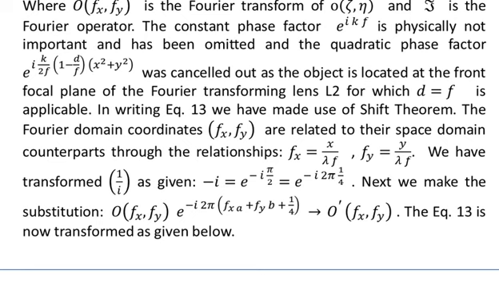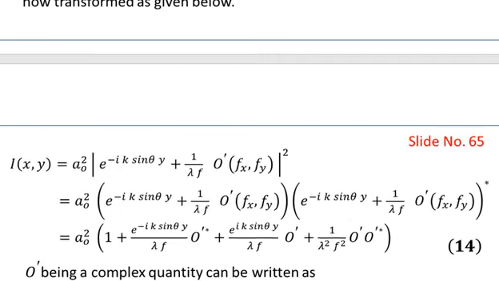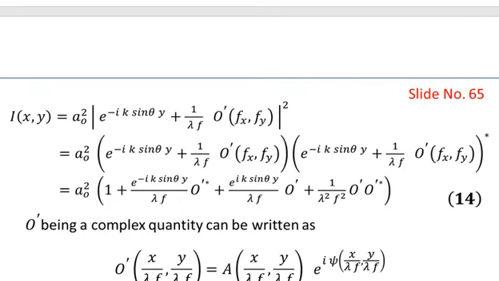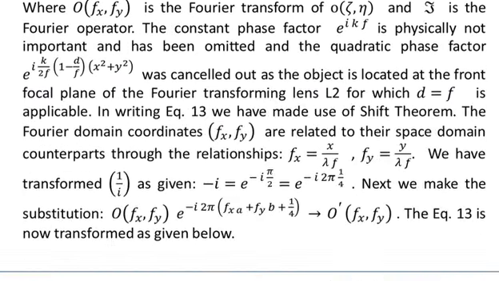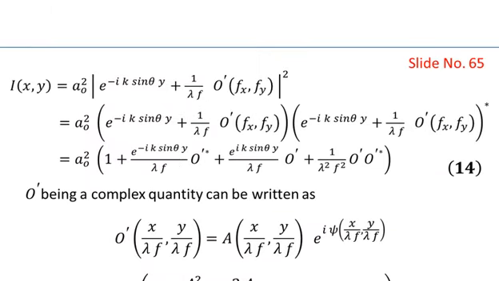So making this transformation and representing this whole term, that is the shifted Fourier transform with phase factor, we are replacing it with O prime as a function of fx comma fy as shown in equation number 14. So on the left hand side we have the same quantity, and we have the same quantity over here from the second step of equation number 13, but we have replaced it with a new thing, which is O prime as a function of fx comma fy. The rest of the quantities are the same.